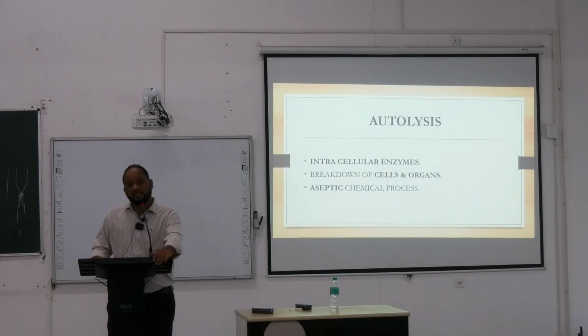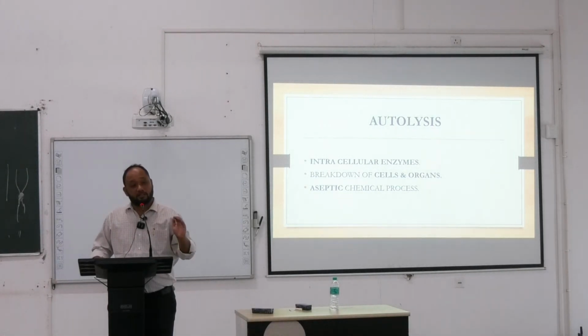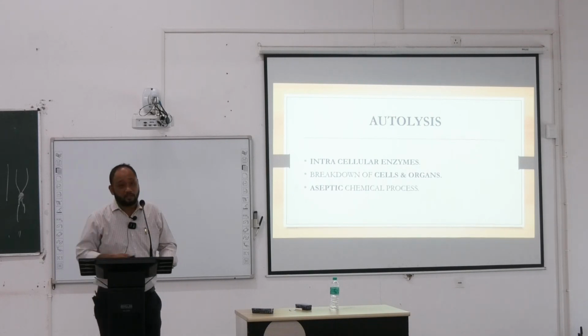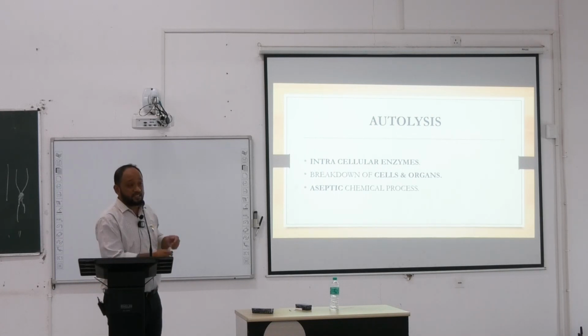Once the cell dies, the cell membrane becomes permeable. The cell membrane breaks down. Inside the cell, that is inside the cytoplasm, there are proteolytic, glycolytic and lipolytic enzymes. So these enzymes come out into the extracellular space. Now these lytic enzymes break down the other cells and tissues. This is how lysis happens. Since this is an automatic process, it is called autolysis.